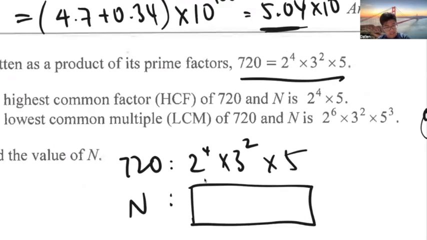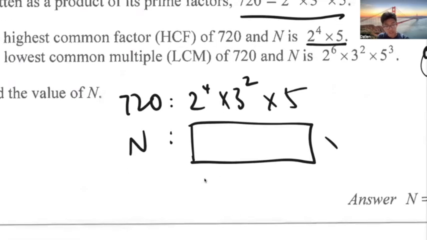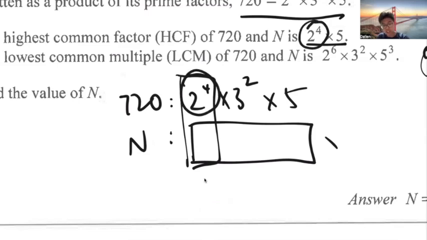The highest common factor is this, right? What does that mean? This means that they are taking the lowest powers, right? So if 720 had this and the highest common factor had this, this is probably the lower one, right?